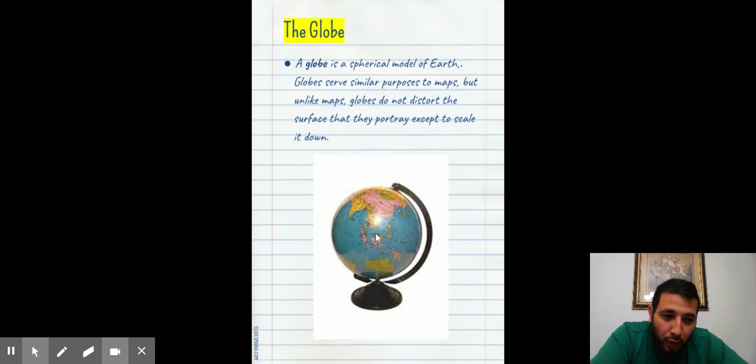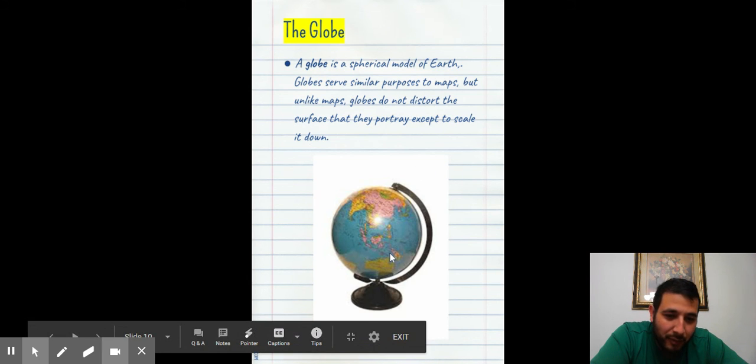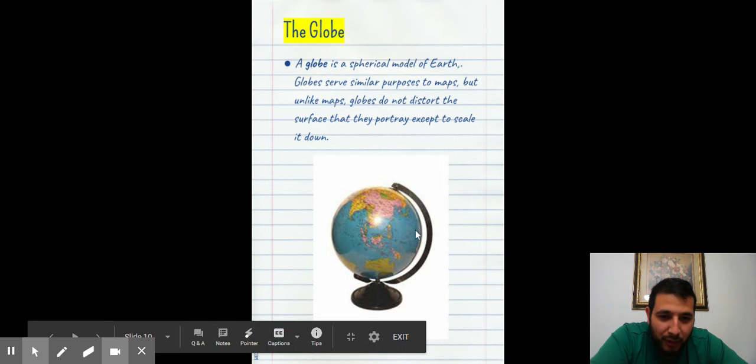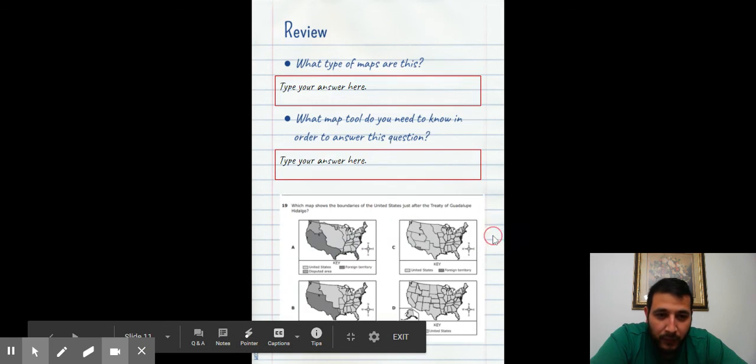But the globe is actually just the same as the Earth, but smaller. And the Earth is actually supposed to be a little like an oval, but for this presentation, it's a smaller version. So this one and the map are kind of similar, but they're not the same.